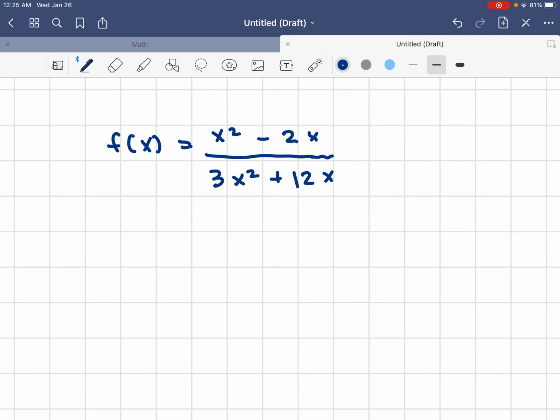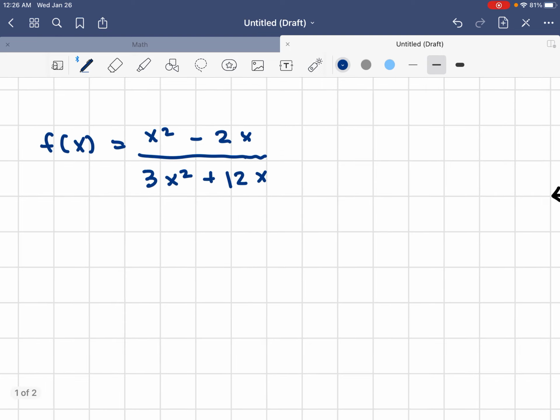Okay, so the first thing we're going to do is see if there's any way we can factor this function to find anything in common or anything we can cancel out between our numerator and denominator. So what I'm going to do is factor out x. So x minus 2, this is what our top becomes, because x times x is x squared, x times 2 is 2x.